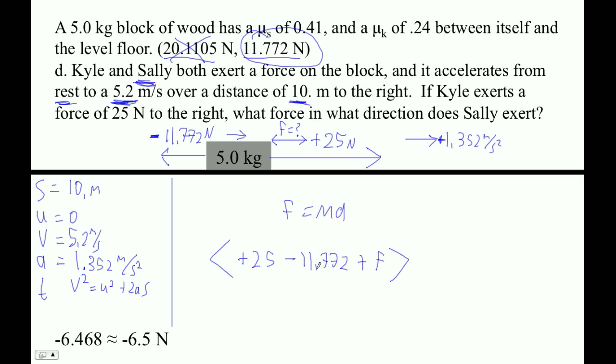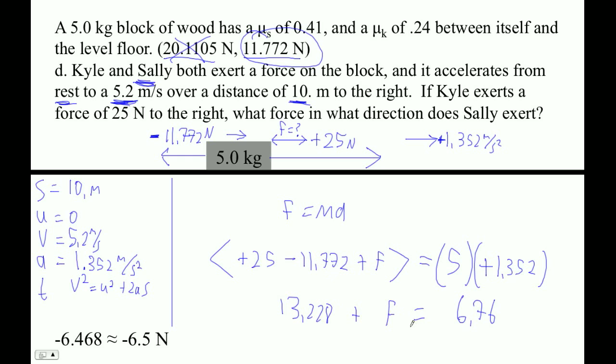This is Kyle, friction, Sally, equals 5 times positive 1.352. Well, let's do this. 5 times that, 6.76. 25 minus that, 13.228.